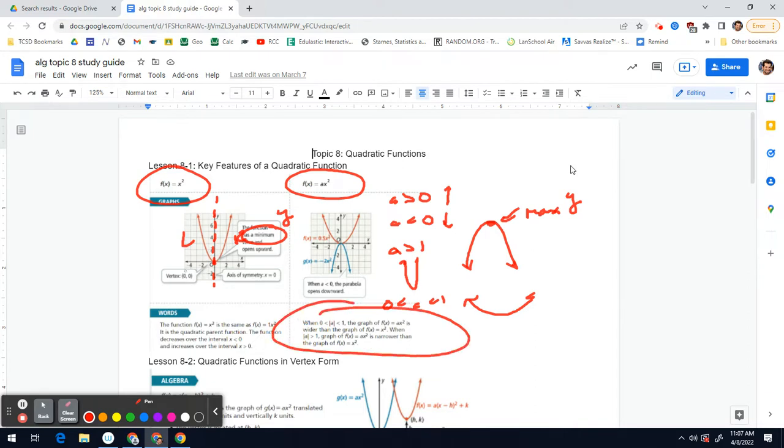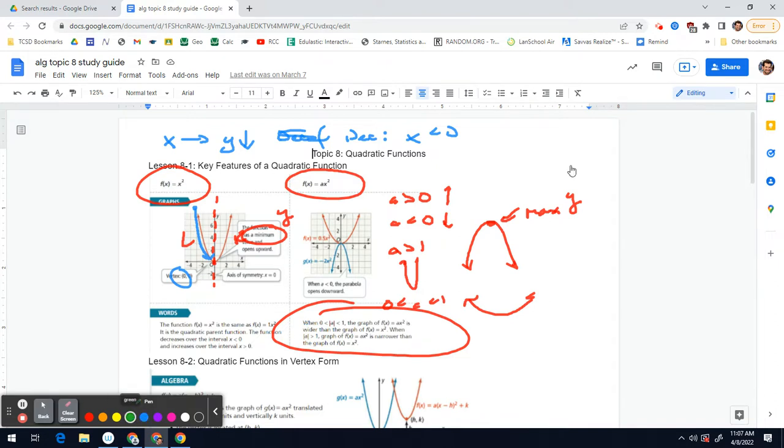When we talk about increasing or decreasing, if we start on the far left and go towards the vertex, notice that I'm going down. As I go from left to right with my x, my y's are going down. That means we're decreasing, and we're decreasing when x is less than 0. The vertex is when x is 0.